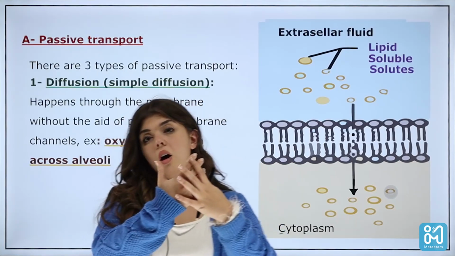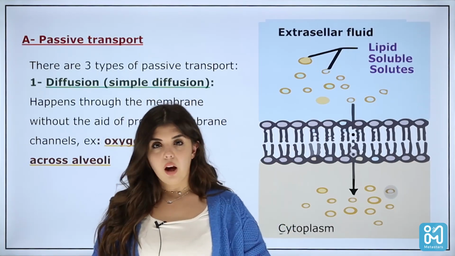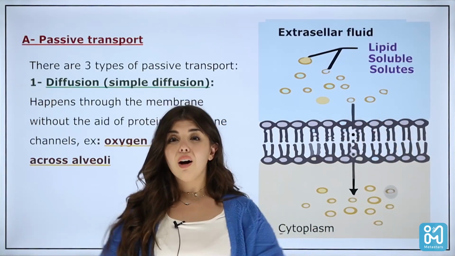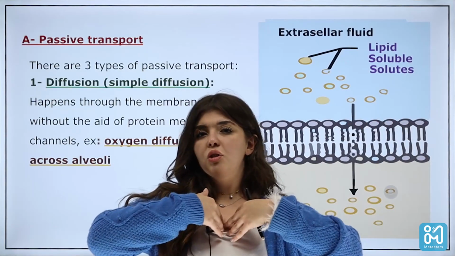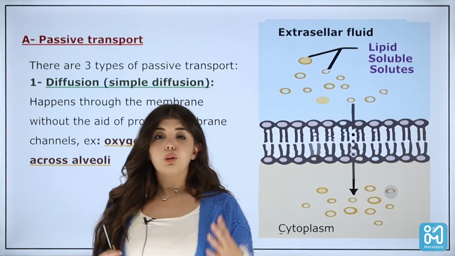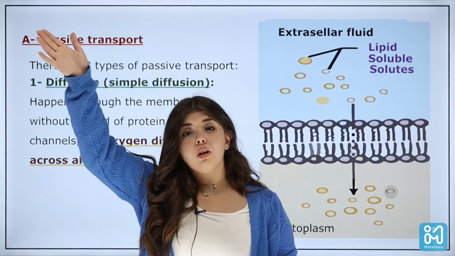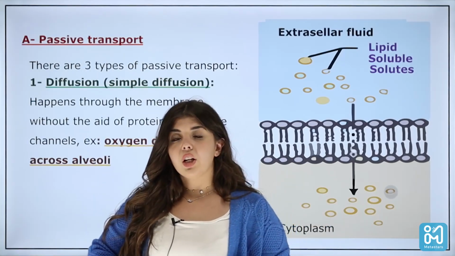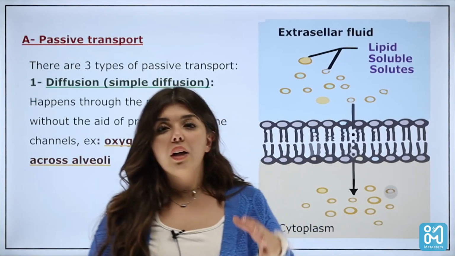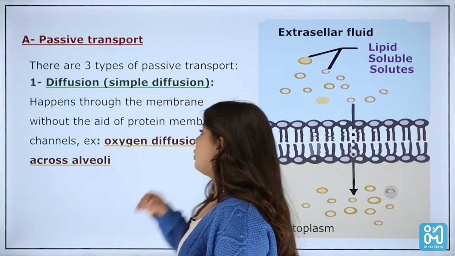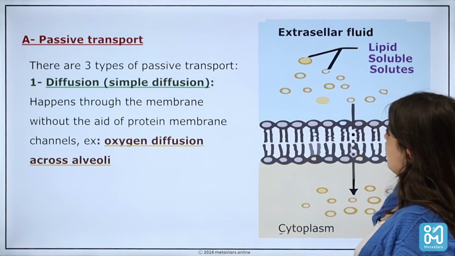In the environment we are living in, the concentration of oxygen outside is more than the concentration of oxygen inside our body, right? So it will go from higher concentration to low concentration according to the concentration gradient. So oxygen enters our cells by passive transport, which is diffusion.